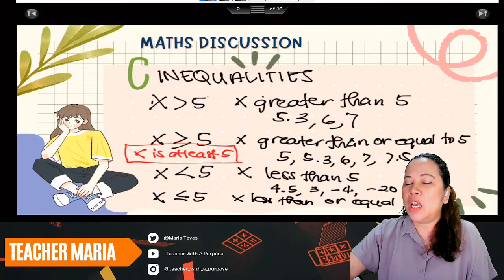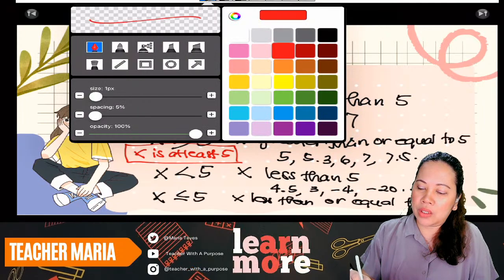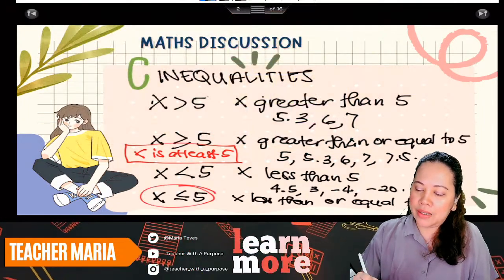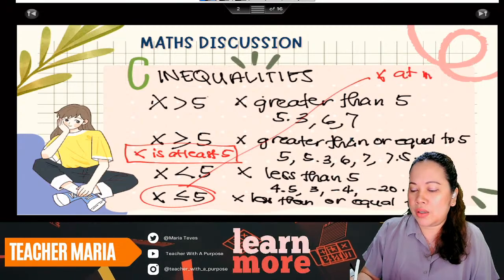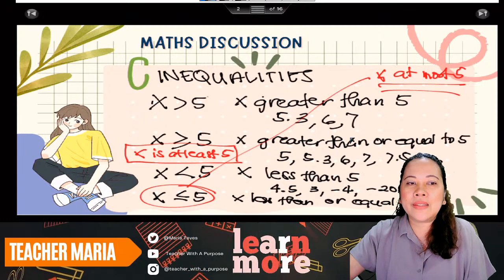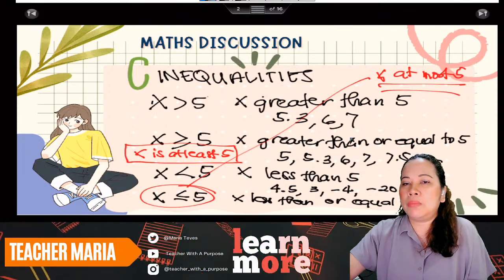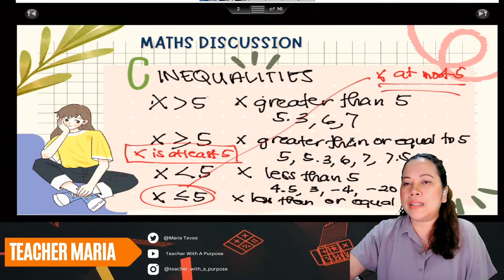That means that we could say, for this one, x at most 5. So it will be x at most 5.